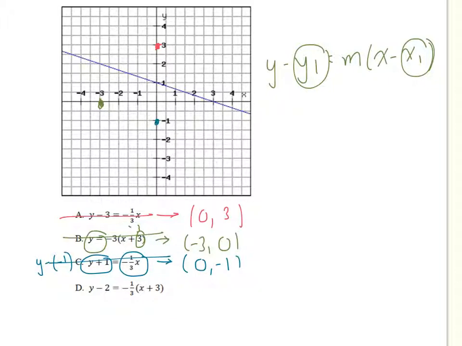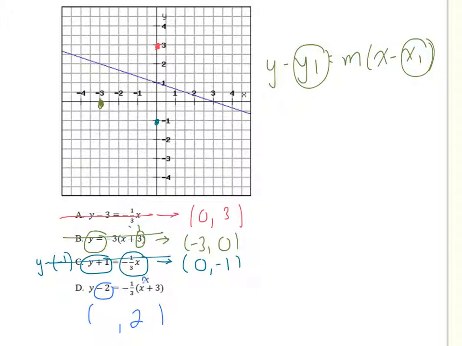So just to make sure I didn't make a mistake, let's go ahead and look at graph D, which says y minus 2 equals negative 1/3 times x plus 3. Well, our y coordinate, it's y minus y1, so y1 would be 2, and equals negative 1/3 times the quantity of x plus 3.